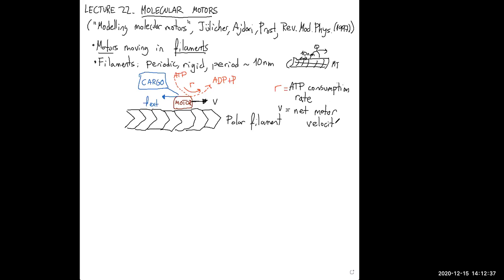I will first discuss this type of machines on averages, by looking at the average velocity in terms of the other parameters. And then I will introduce stochastic models, which we can use for understanding the fluctuations of the motor. Okay, so this is more or less the picture that you have to think about.